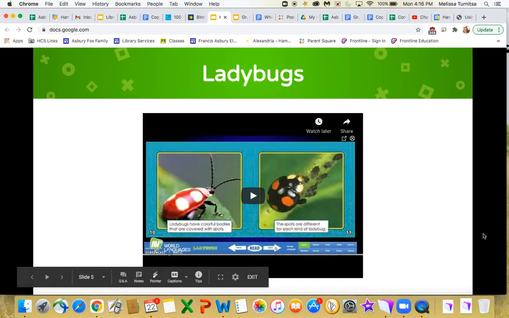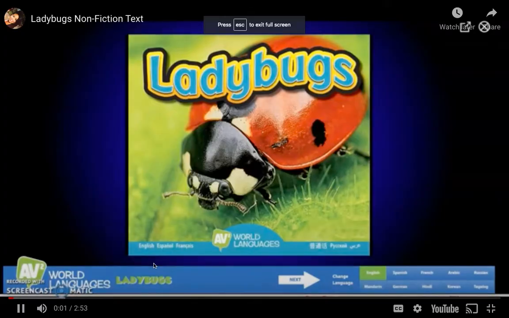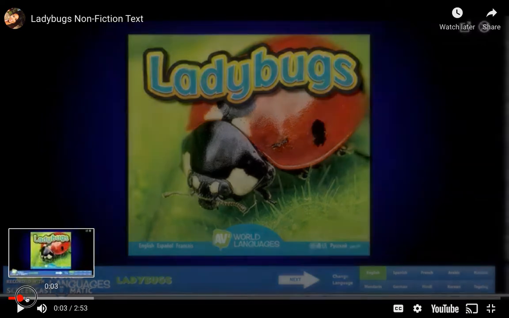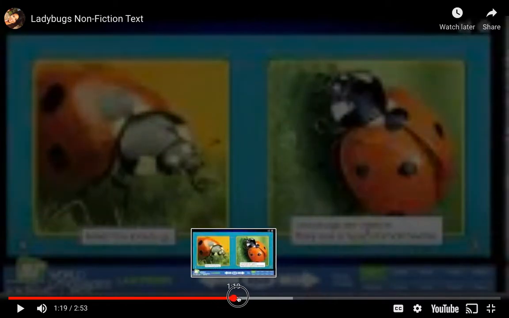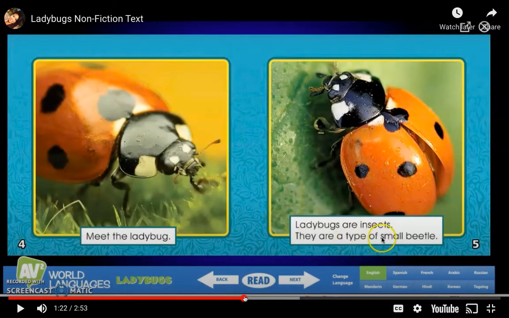Okay, guys, great job. So, if we look at the title, it says Ladybugs, and there's even a picture of a ladybug. And then if we go throughout the pictures, there are pictures of ladybugs. And if we read, here's the word ladybug here, here's the word ladybug here.